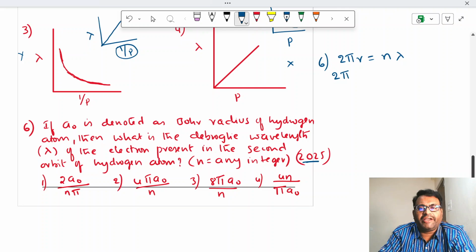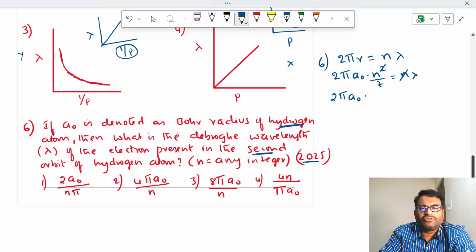So 2 pi into A0 into n square by z is equal to n into lambda, n cancel. So 2 pi A0 into, hydrogen atom is asked, so z is equal to 1. Second orbit is asked, so into 2 is equal to lambda.